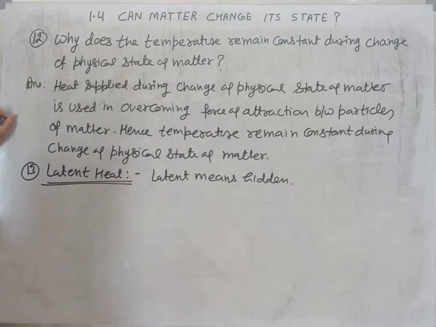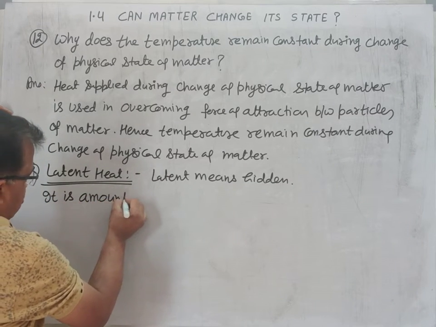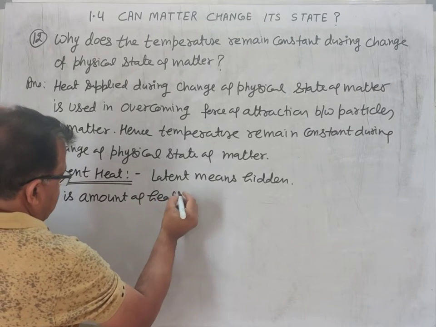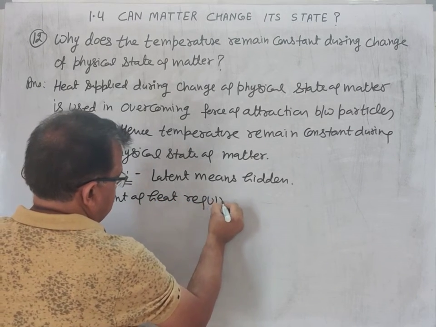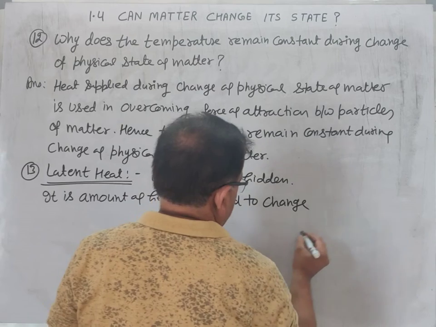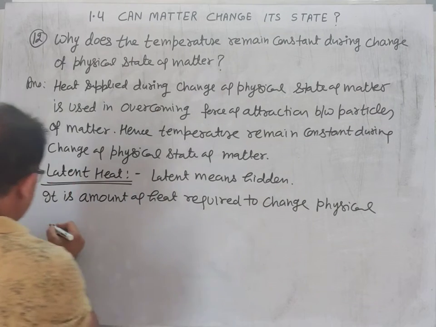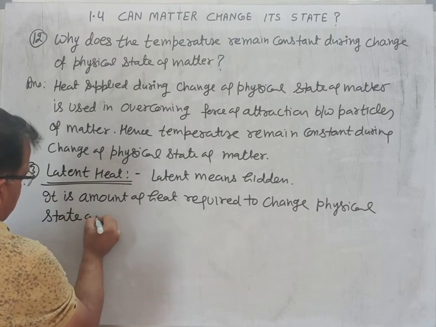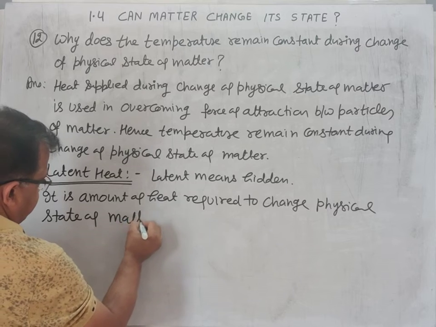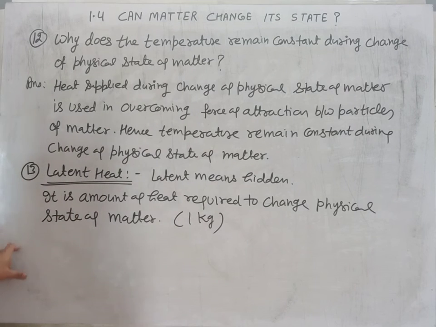It is the amount of heat required to change the physical state of matter, and we take a standard form, 1 kg of matter. So it is the amount of heat required to change the physical state of 1 kg of the matter.